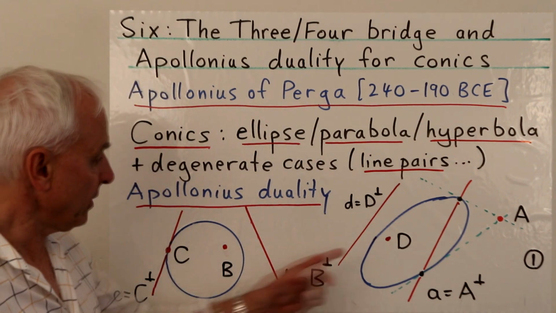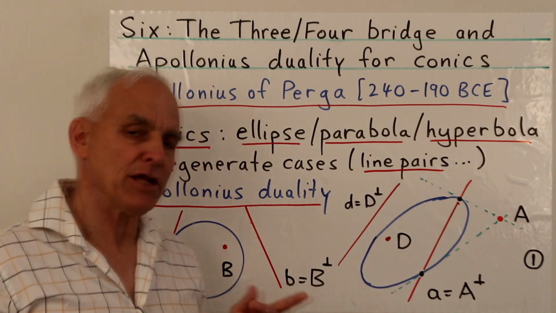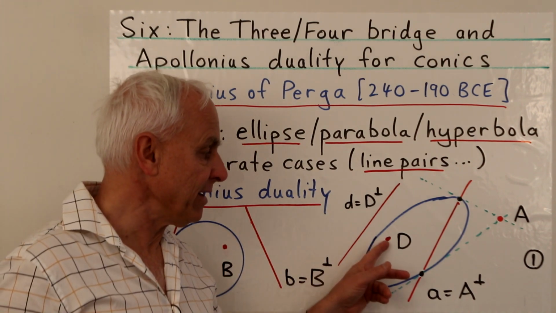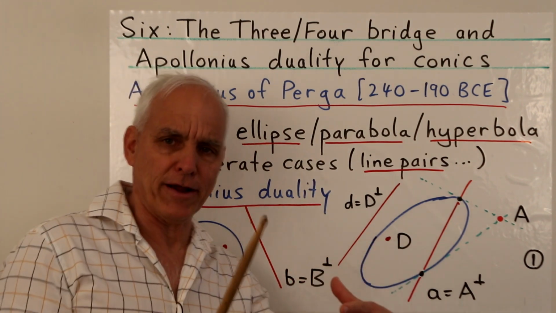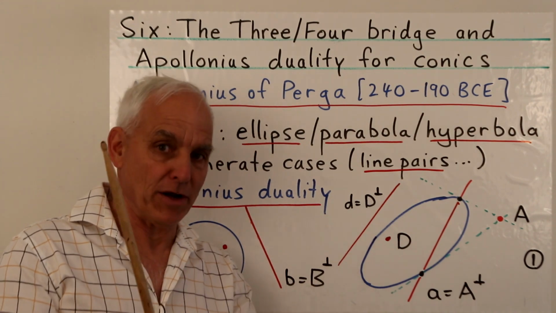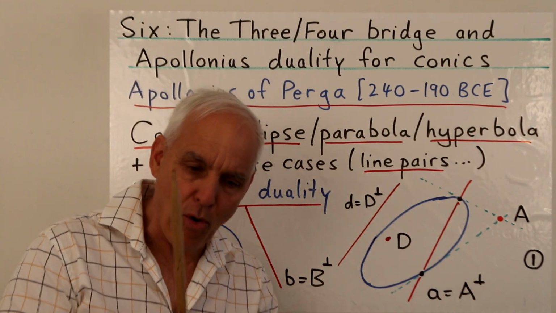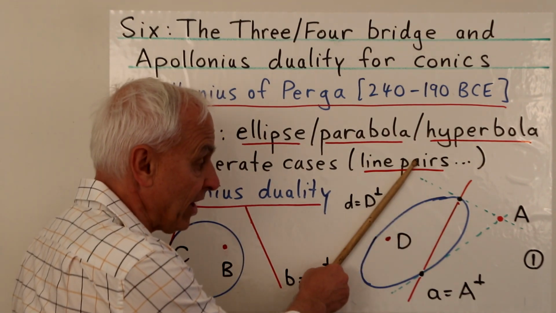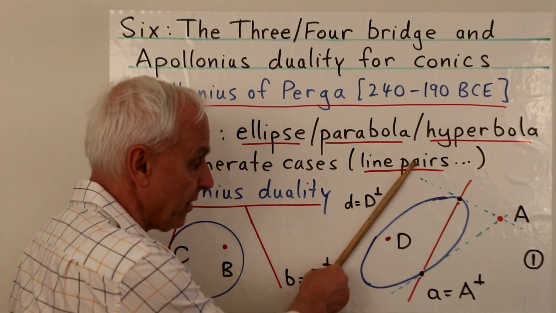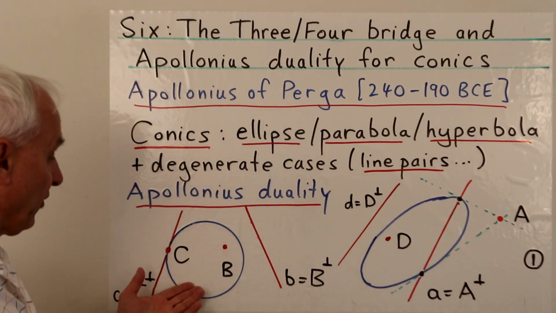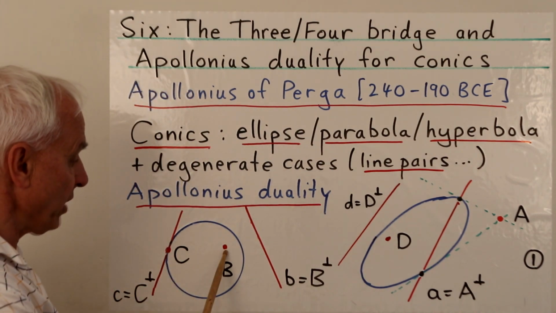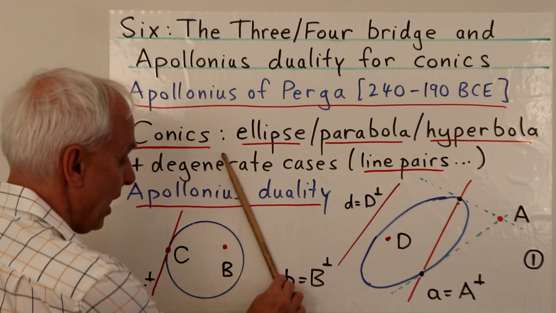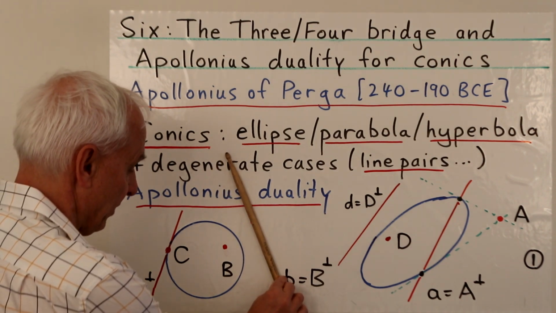Over here, for this point D, for example, it's not so clear because this point is inside the conic and it's not so easy to draw tangents from the point to the conic. Nevertheless, Apollonius claims that there is a dual line right there. Now, for example, for a circle, there's another point, B. The dual line, little b, will be something like this.